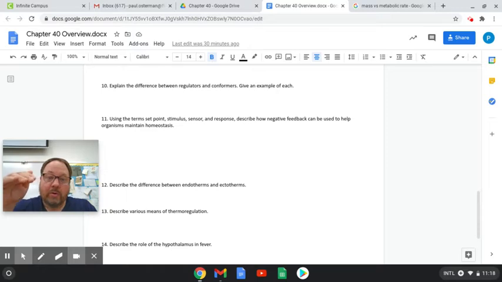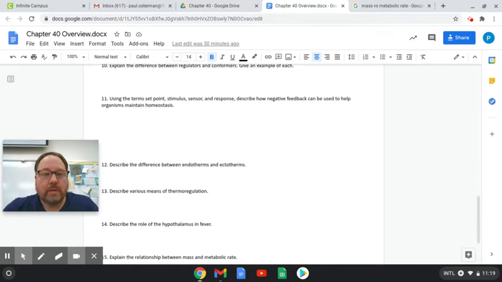Thermoregulators, like endothermic organisms like us, maintain a steady body temperature. Osmoregulators will control the salinity of the tissues in their body. Again, think of like our kidneys controlling the osmolarity of our blood. So regulators maintain steady conditions. Conformers have their conditions sort of match that of their environments.